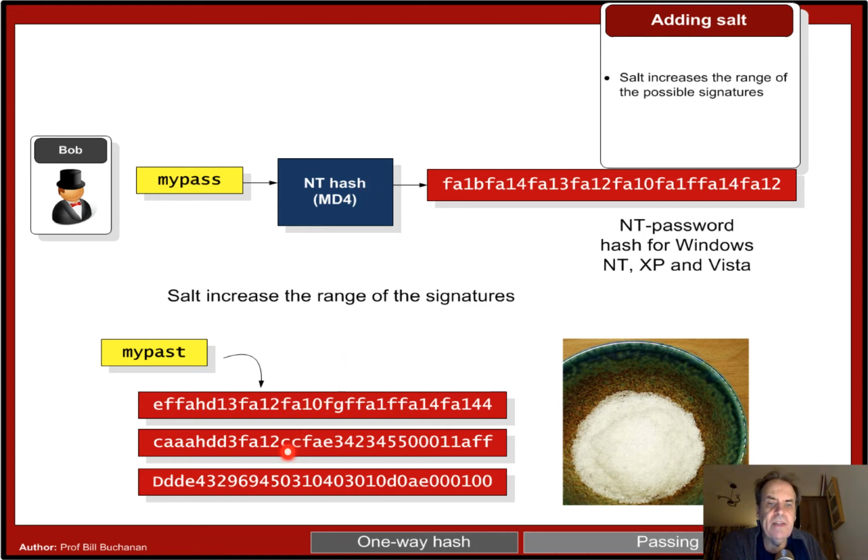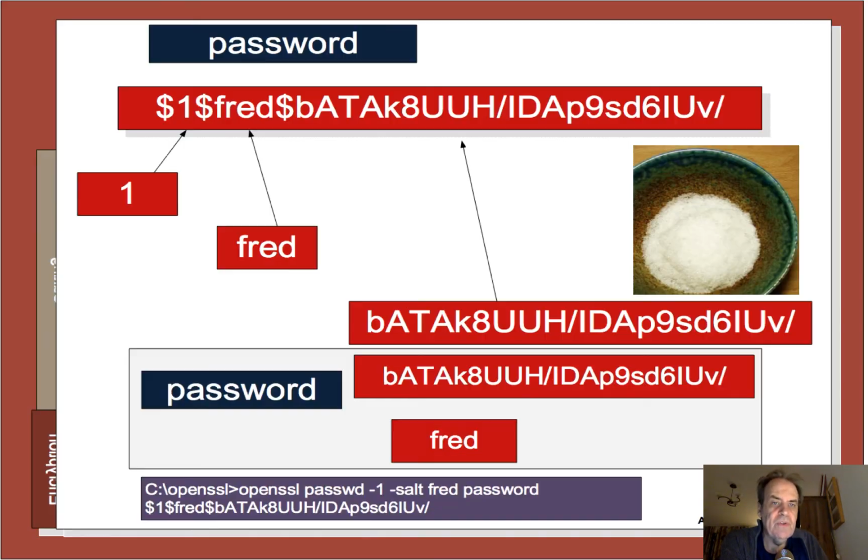This will increase the number of possible values, and it will make it more difficult to actually find the hash value, because an intruder may have to recompute all the values to produce hash signatures for only one given salt. So here's an example of how the salt is stored.